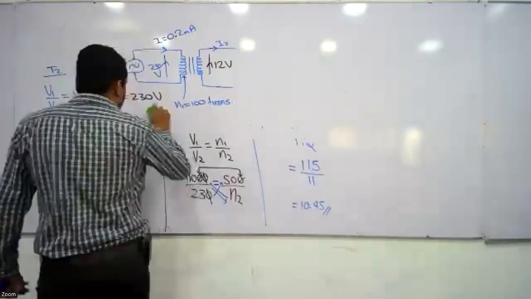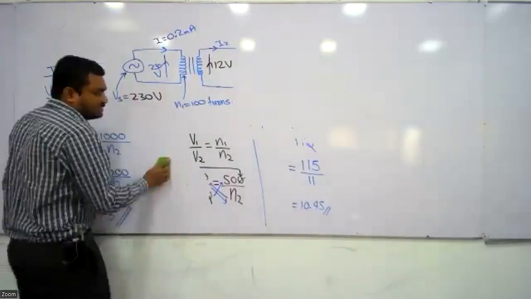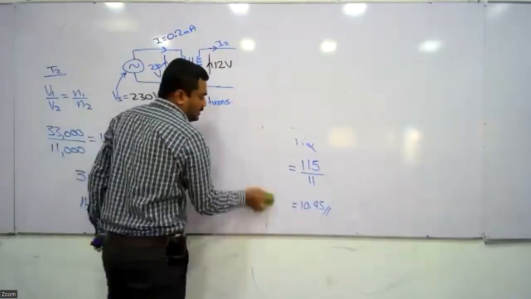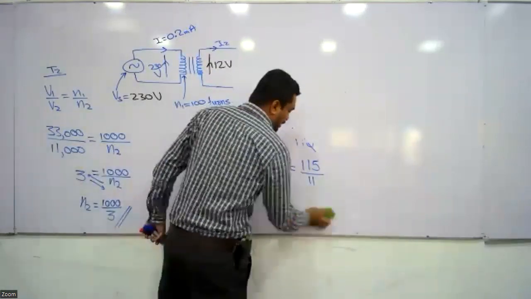We can easily find the number of turns in the secondary coil by applying the equation V1 over V2 equals N1 over N2.